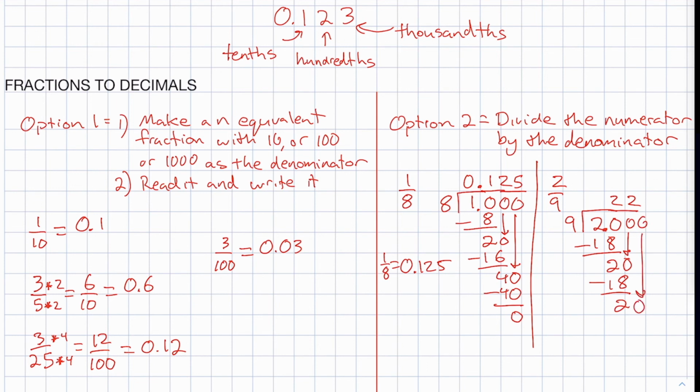And I might start to see I'm repeating myself over and over at this point. And so I'm not going to keep doing that because I could do that forever. I'm going to put my decimal point straight up. And then I'm going to write this as, extend my space down a little bit, 2/9 is equal to 0.2, and I'm going to put this line over it. That line on top of the 2 means it's a repeating decimal. It means we'd keep going on and on forever.